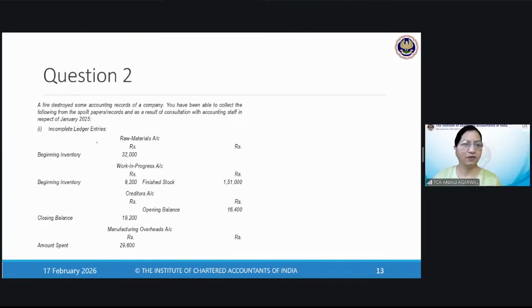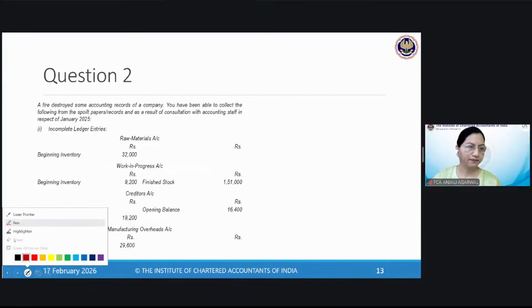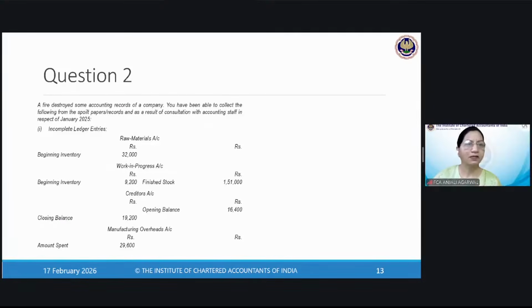Let's take one interesting question, which is again based on non-integrated. A fire destroyed some accounting records of a company, and you have been able to collect the following from the spoilt papers records, and as a result of consultation with accounting staff in respect of January 2025.